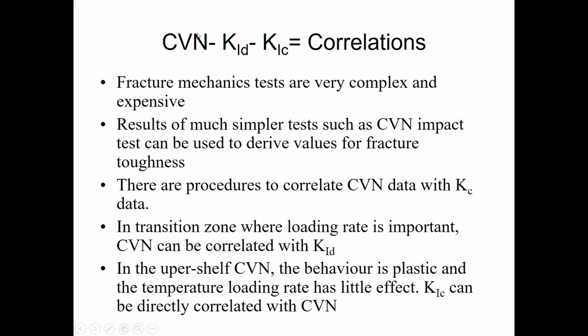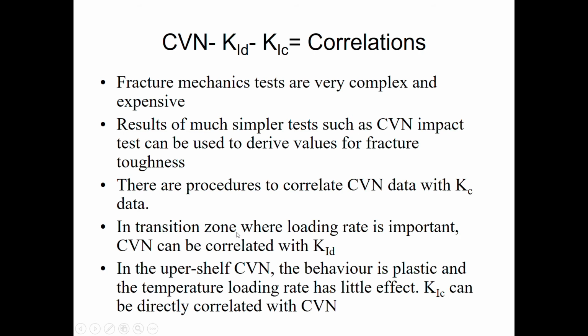Alright, the CVN K1D, K1C correlations. The fracture mechanics tests are very complex and expensive. The results of much simpler tests such as CVN impact tests can be used to derive values for fracture toughness. There are procedures to correlate CVN data with KC data.